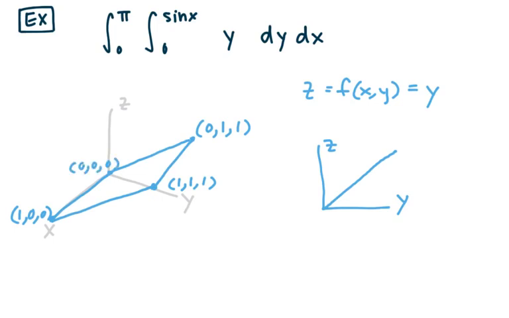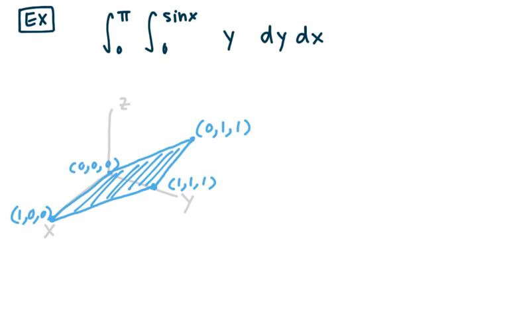So this is my plane. And obviously it extends more than just this rectangular space I have drawn here. Okay, but we're going to calculate the volume between this region R, which is defined in XY.